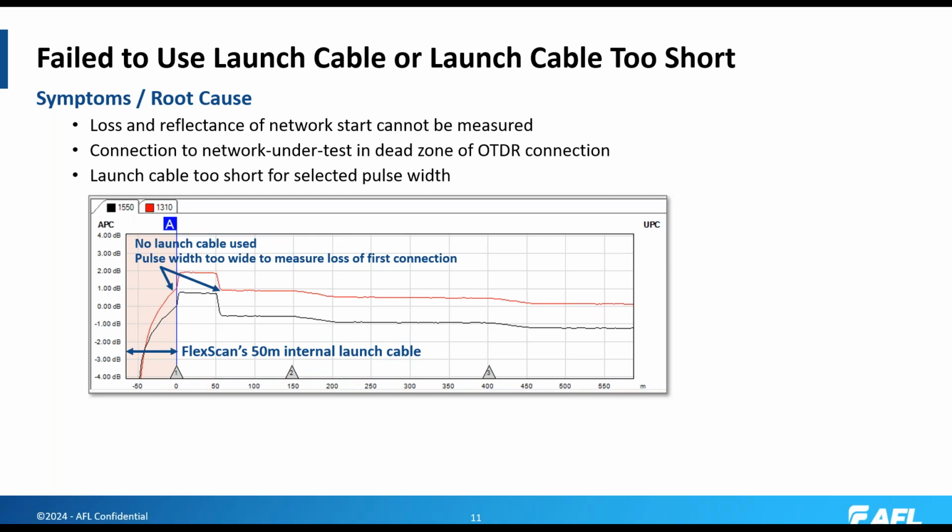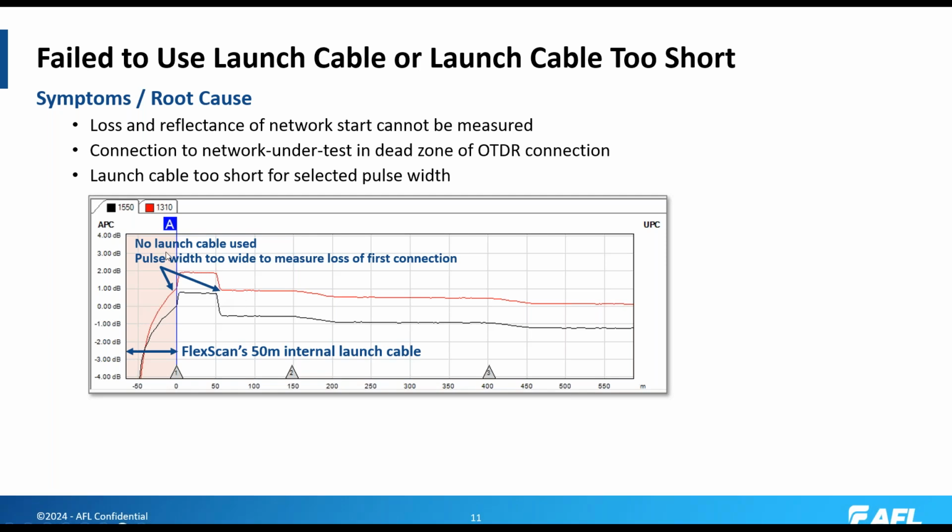If you failed to use a launch cable or your launch cable was too short, you won't necessarily be able to separate the connector, the connection to the network under test, from the OTDR connection, and you may not be able to get an accurate measure of the loss of your connection to the network under test.